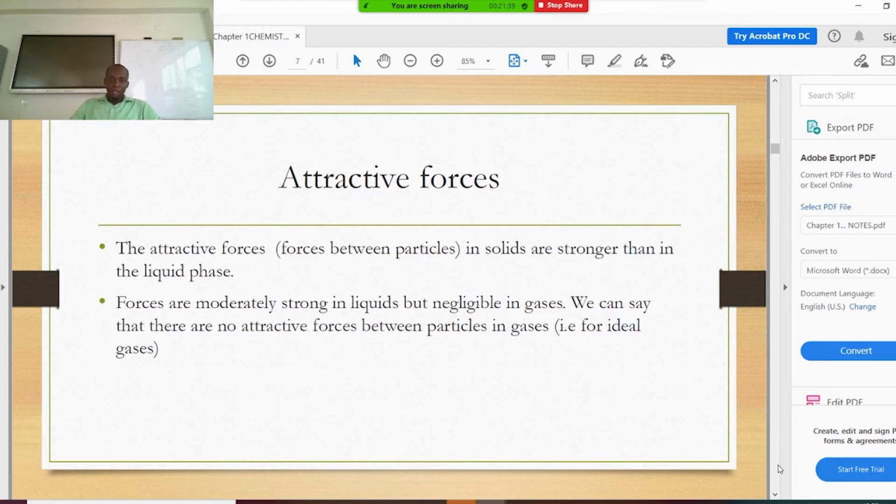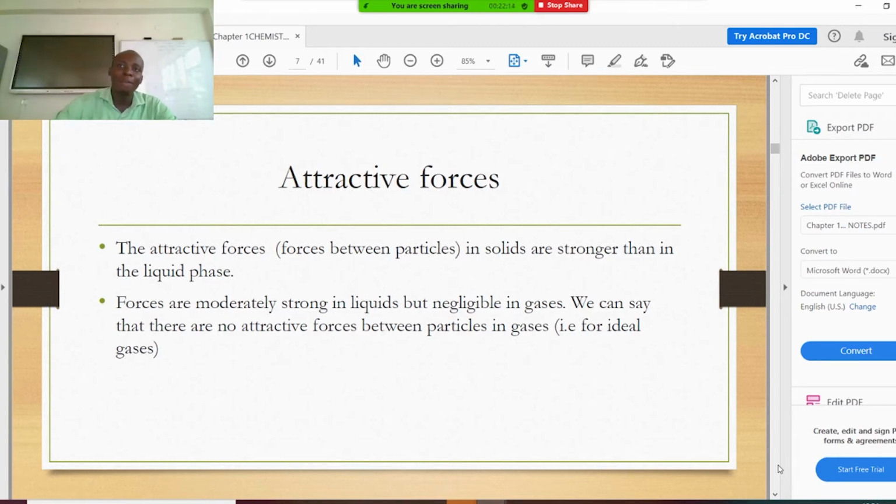Now, there is a link between attractive forces and the kinetic energy. If the attractive forces, the forces holding the particles, are stronger than the kinetic energy of the particles, the particles will always be close together.